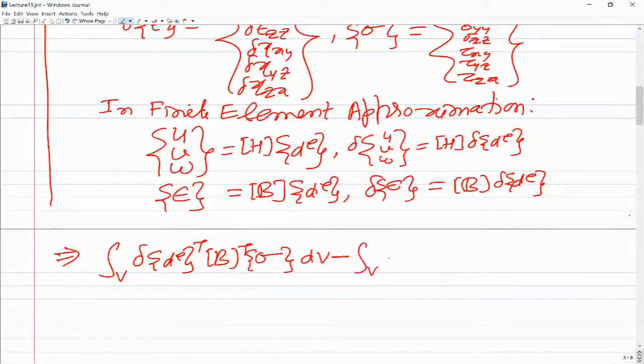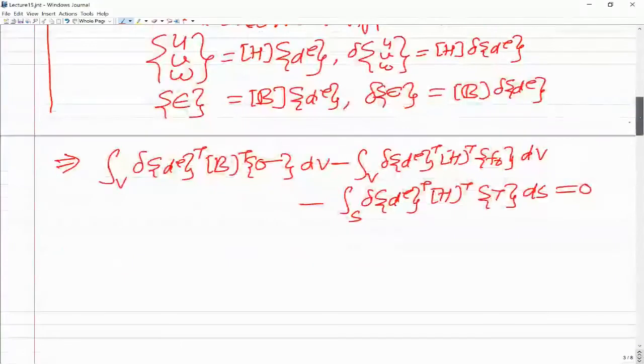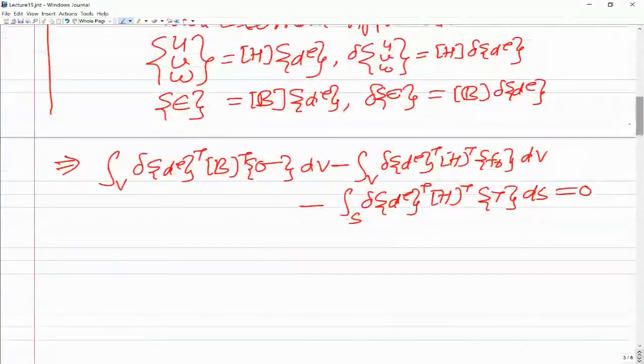So integration over volume, delta of U transpose, so that will give you delta of d transpose into H transpose into FB dV, minus we will have the surface forces. So integration over surface, delta of d transpose into H transpose into the vector of surface forces dS, is equal to 0.